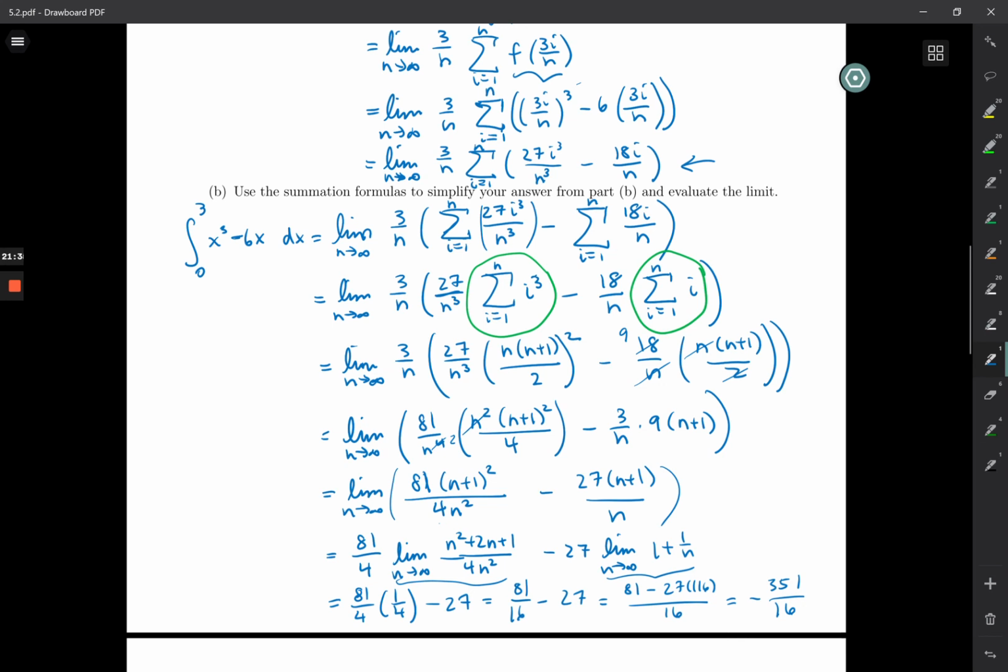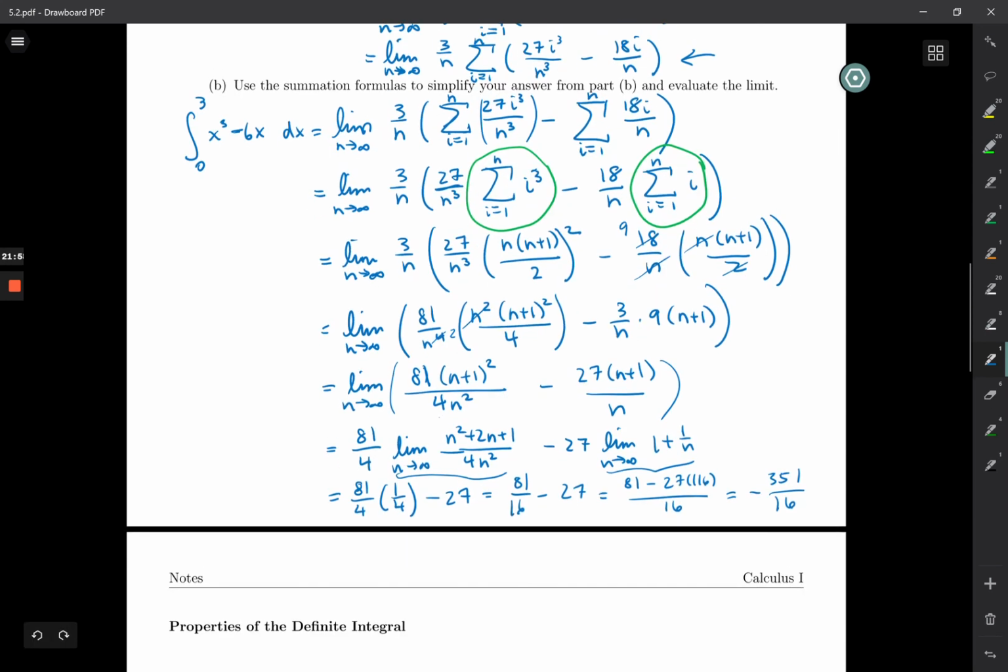So that is going to be the same case here, but we won't learn these rules until Calc 2. So if you're planning on continuing on to Calc 2, this will get much easier to compute these. We'll learn some rules and things that you can do to compute them, but for now, we're working with the definition. Okay. So in the next video, we will talk about properties of the definite integral.